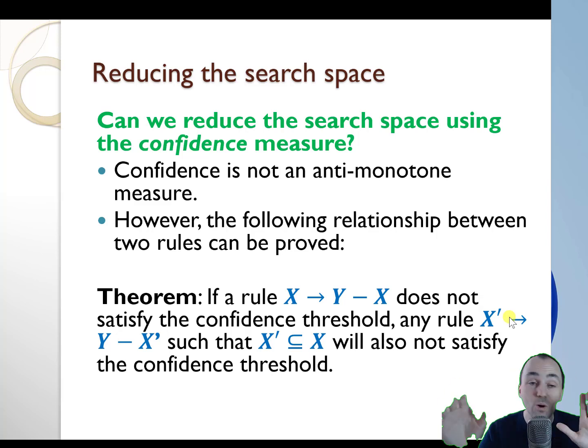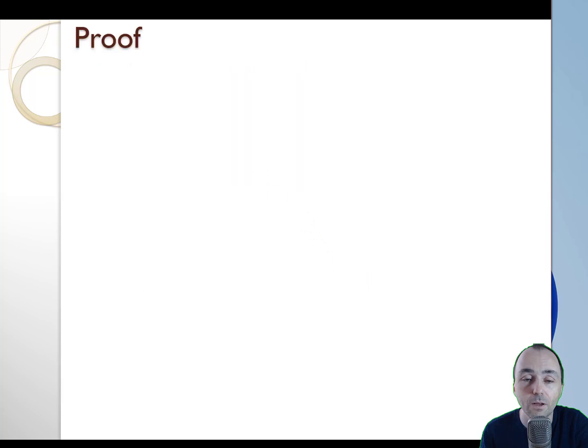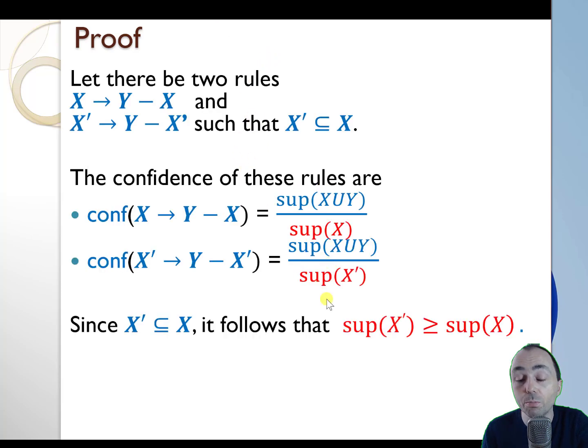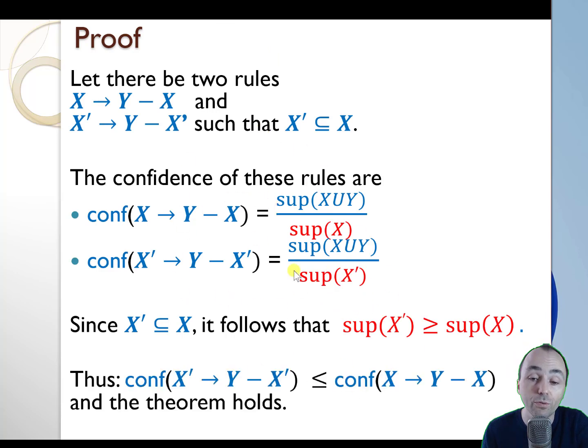I know this theorem is not obvious. If you look at this just like that, it's not clear or easy to understand. So let me explain this with some example. I will show you an example first, and then I will show you the proof. Here in the PPT you have the proof about this.